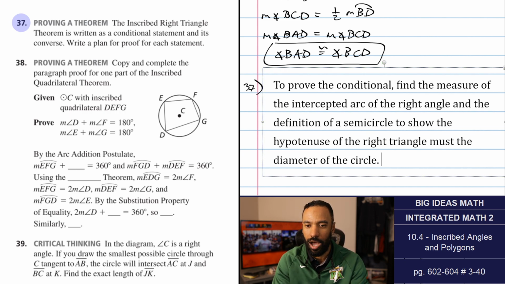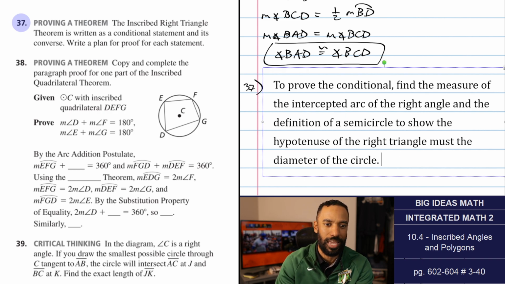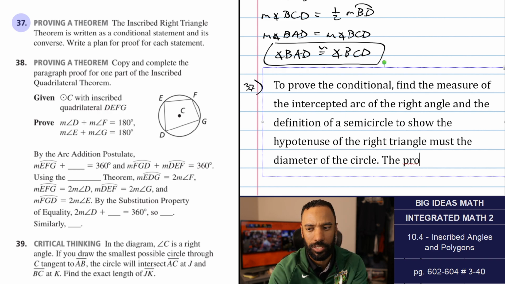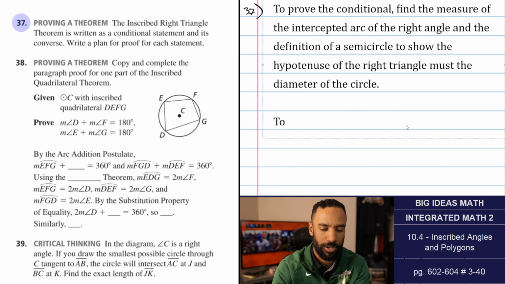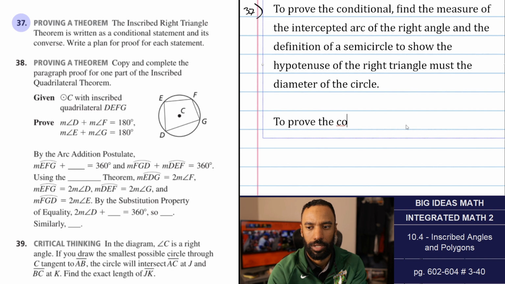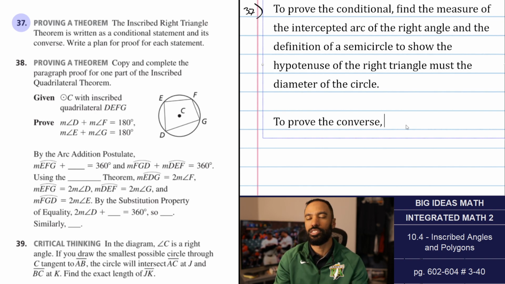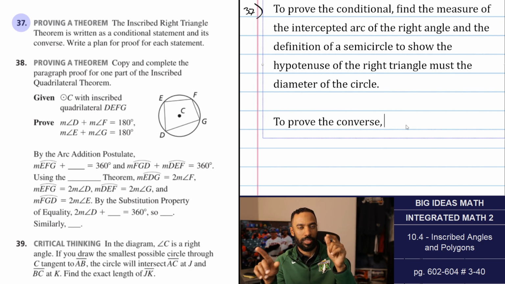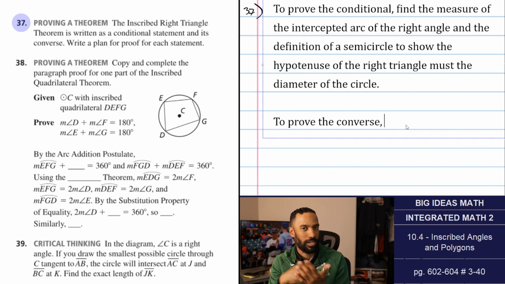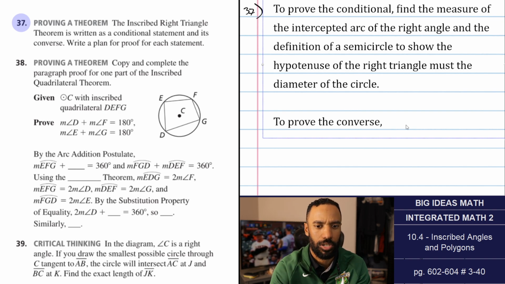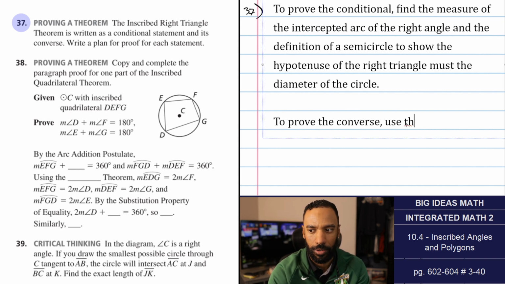Now, they also mentioned the converse. To prove the converse, let's see what we say there. The converse states that if you have a diameter, then that inscribed angle is a right angle, that it is a right triangle with that intercepted arc. So now we're going to start with the definition.